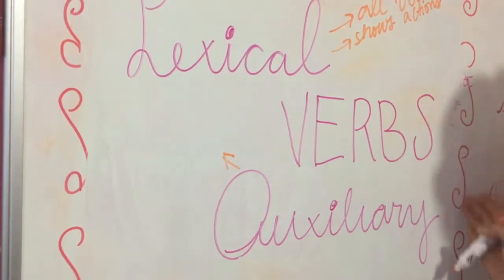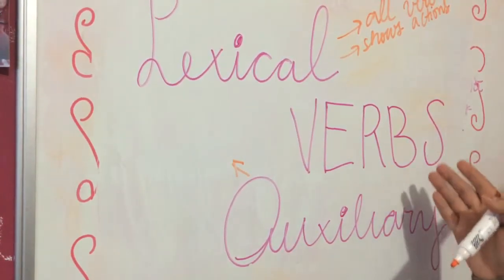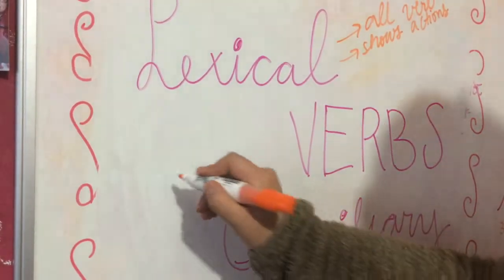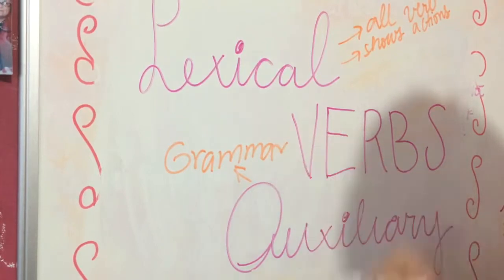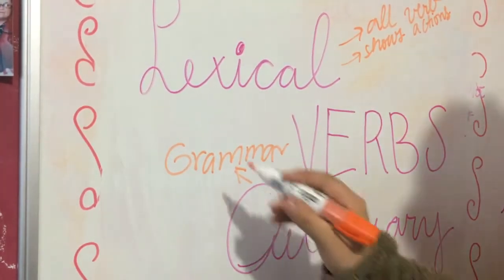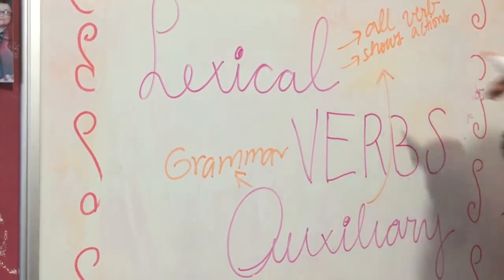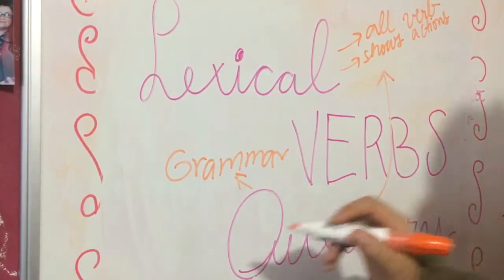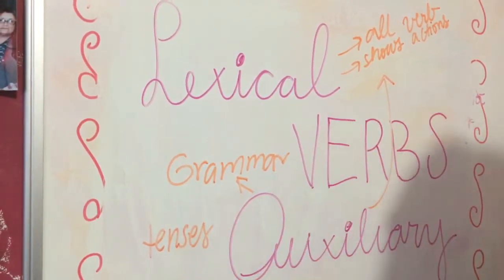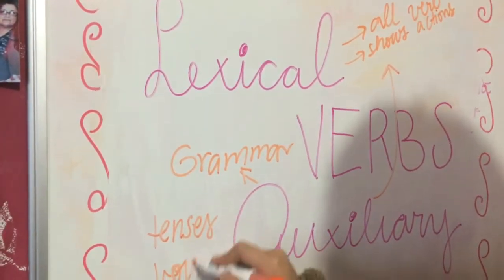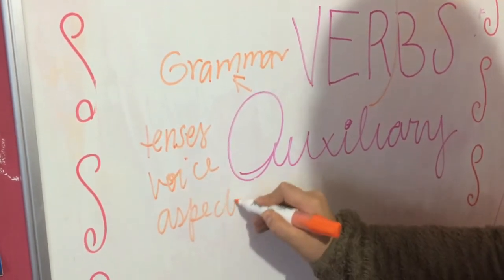And on the other hand, we have the auxiliary verbs, which are verbs that are related to grammar. Why grammar? Because auxiliary verbs help the lexical verbs and show tenses, voice, aspect, among others.